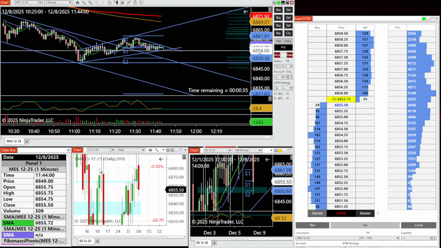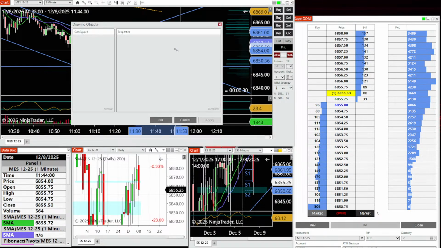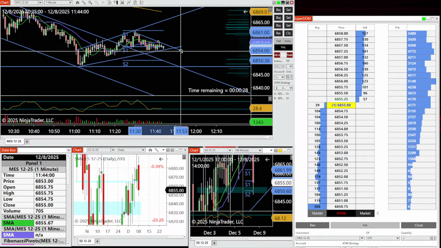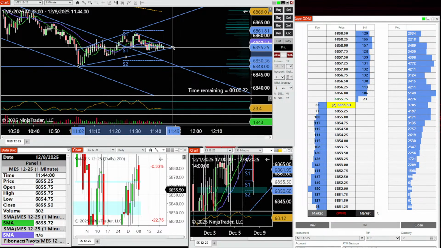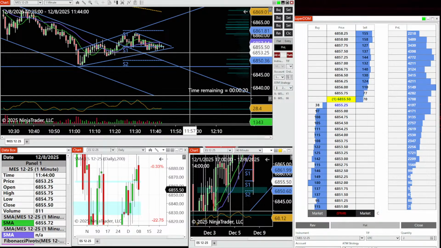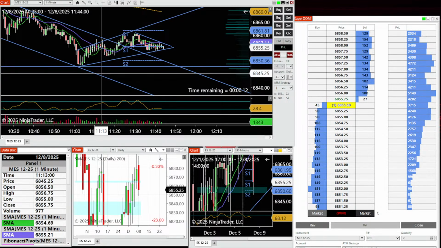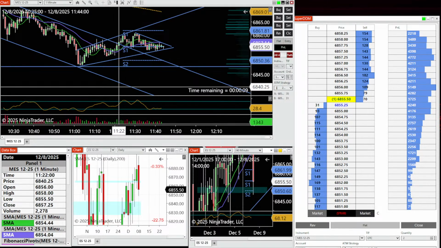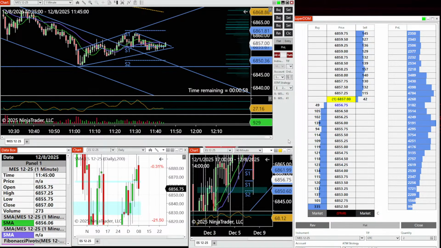We're just in this little range right here, just boxed in, consolidating. Looks like we're getting a move, possibly to one side.